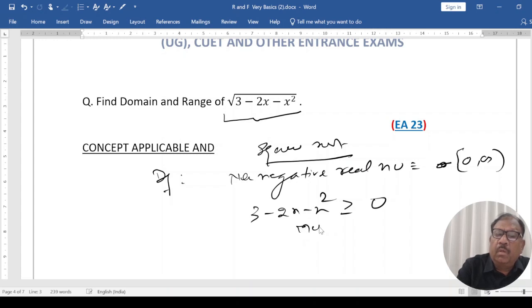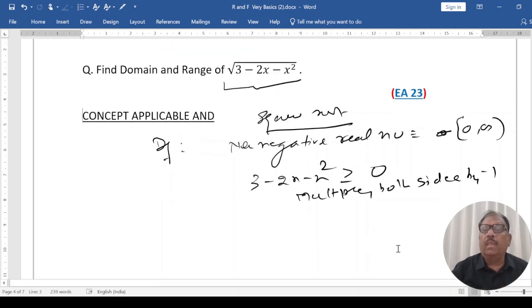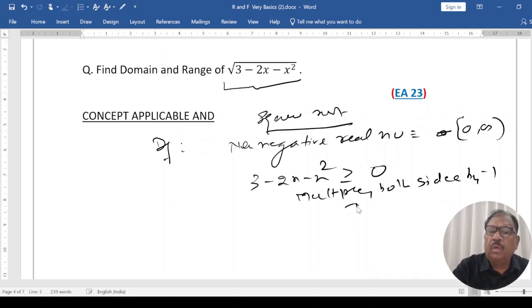Multiplying both sides by minus 1, the inequality sign will change.